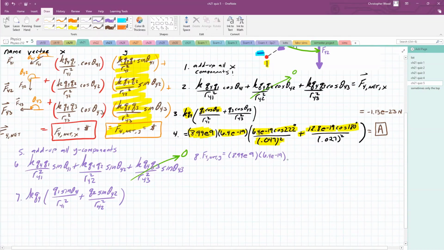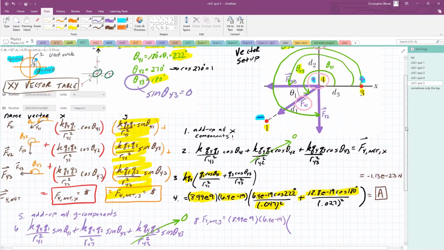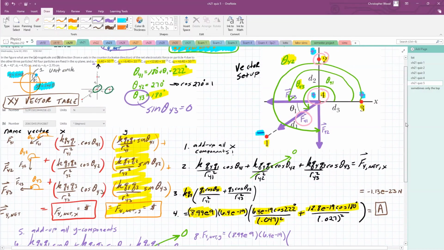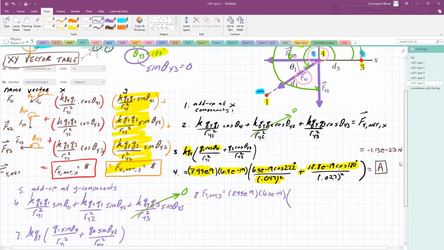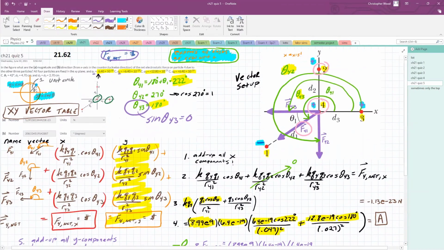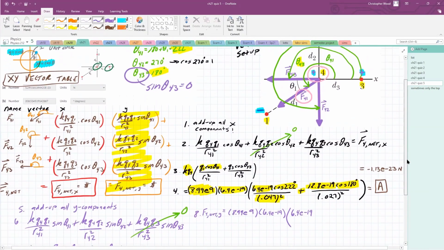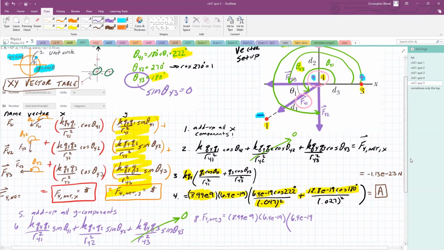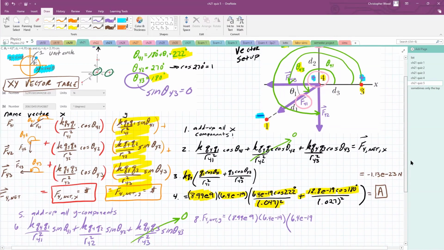Okay, and I'm looking at step 7, parenthesis, Q1 is, just to double check, 6.4 E minus 19. And it really is important to understand why I'm not including that negative sign. I'm not including that negative sign here in step 8 because I've already accounted for the fact that Q1 is negative and Q4 is positive.